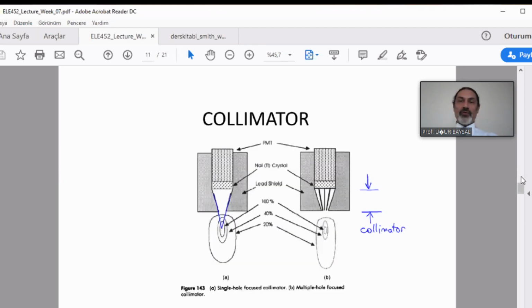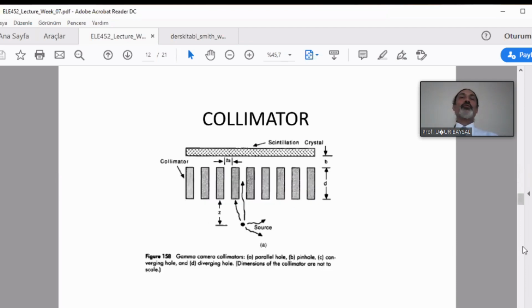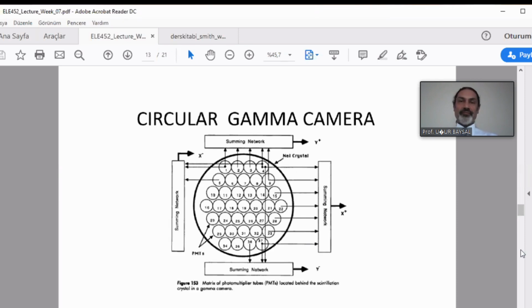This one can be focused to investigate activities in small organs like the thyroid gland. These collimators are for a larger region, skeletal or abdominal or other similar. They collimate parallel beams, not focused on a specific place.